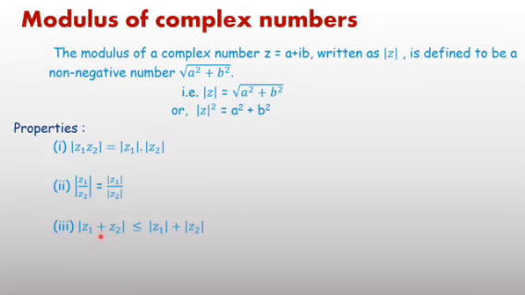For addition of two complex numbers, mod of Z1 plus Z2 is always less than or equal to mod of Z1 plus mod of Z2. And mod of Z1 minus Z2 is always greater than or equal to mod of Z1 minus mod of Z2.